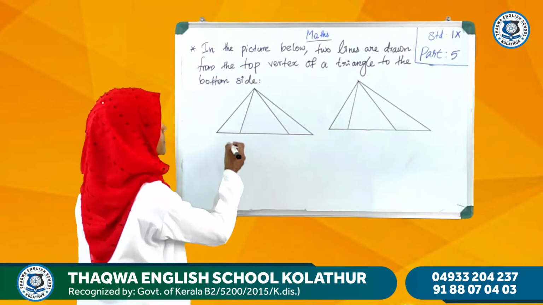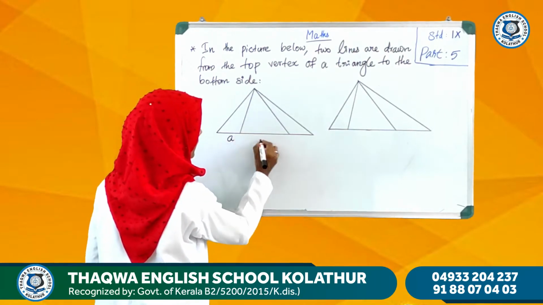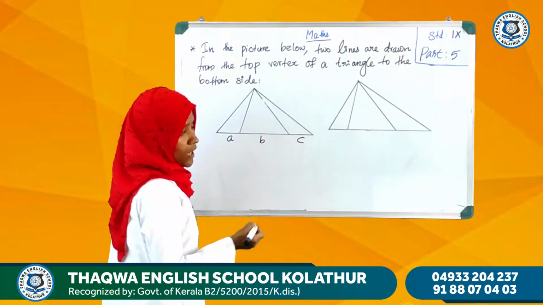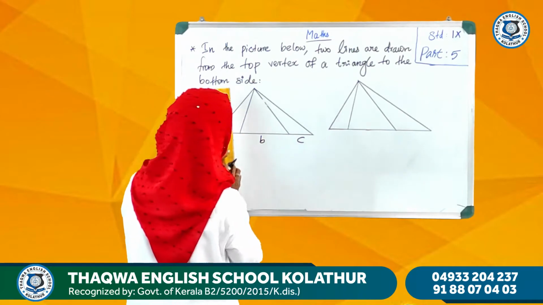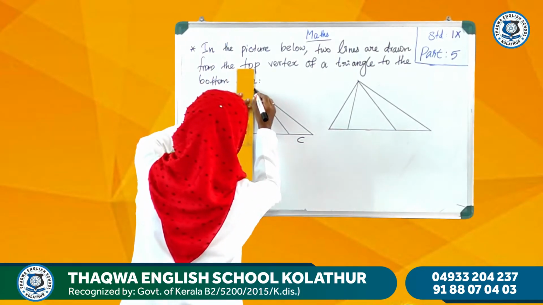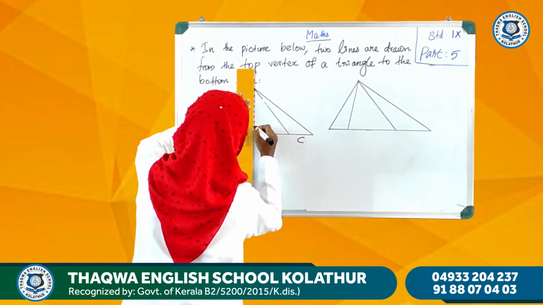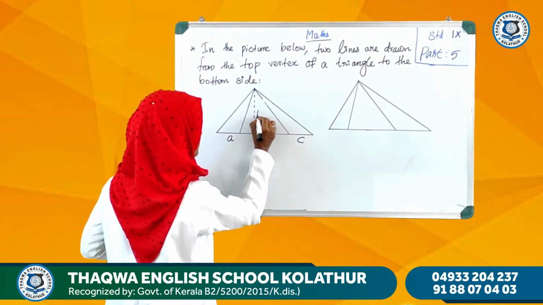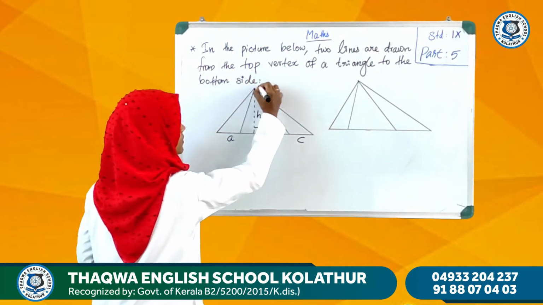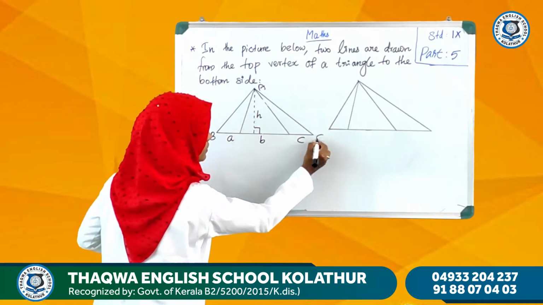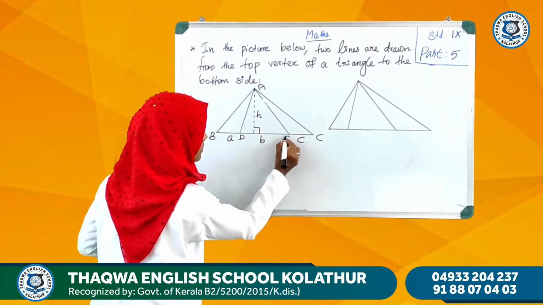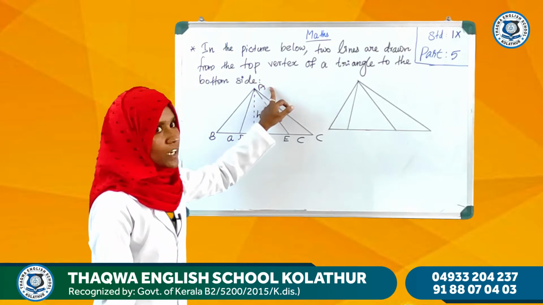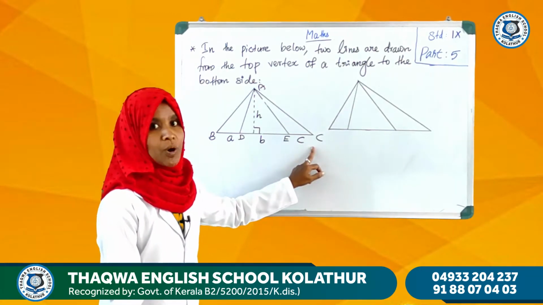Let us name the bottom sides A, B, C, and mark the height of this triangle as H. Name the triangle vertices as A, B, C, D and E. So divide triangle ABC into three smaller triangles.